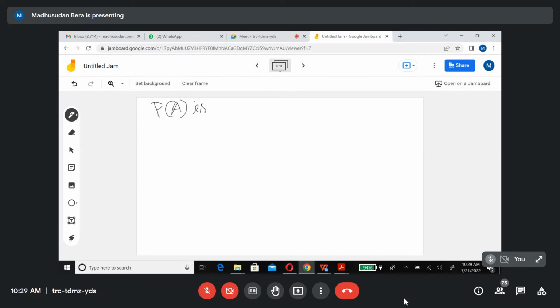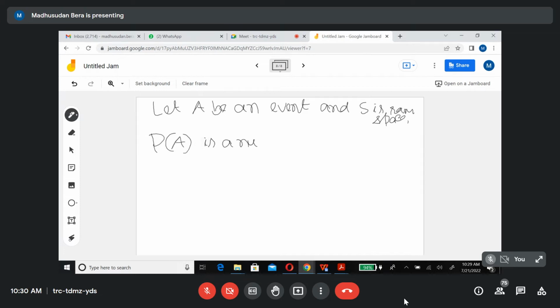So P of A is a number satisfying three properties. Let A be an event and S the sample space. P of A is a number that satisfies three conditions.